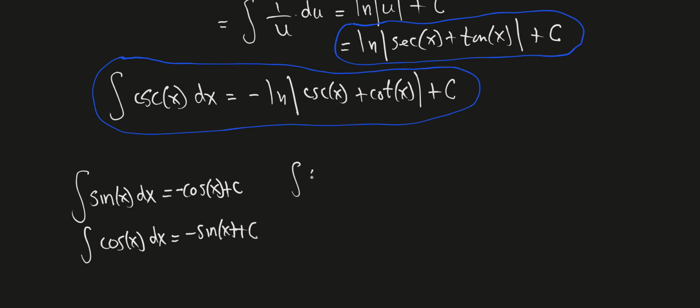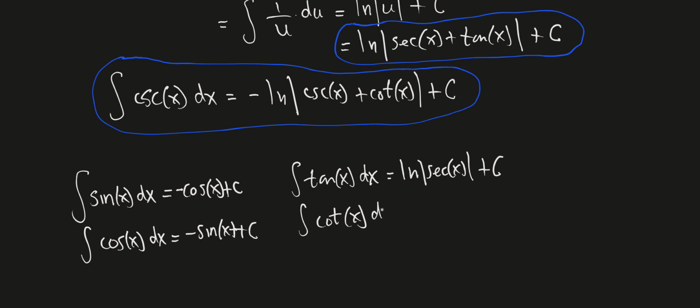The antiderivative of tangent x dx, that's the ln of the secant of x plus c. The antiderivative of cotangent x dx is the natural log of the sine of x plus c.